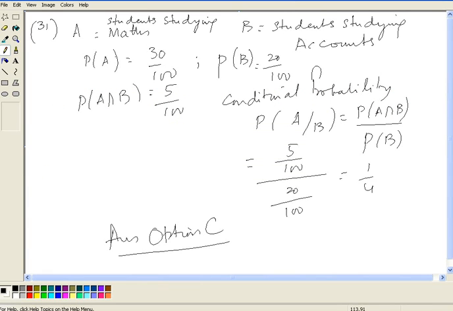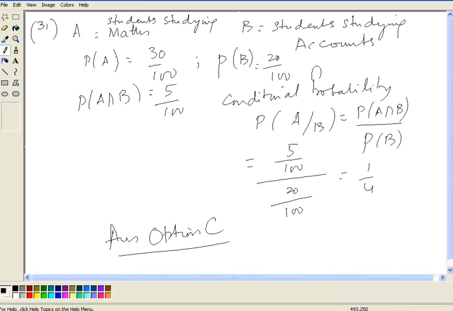Going to our work area, we define event A as student studying maths, B as student studying accounts. Now probability of A is given to be 30 by 100, probability of B is given to be 20 by 100. Also probability of student studying both, that is A intersection B, is given to be 5 by 100.